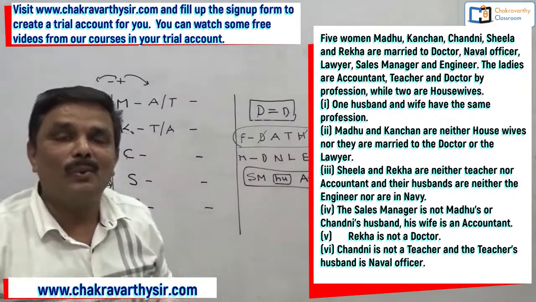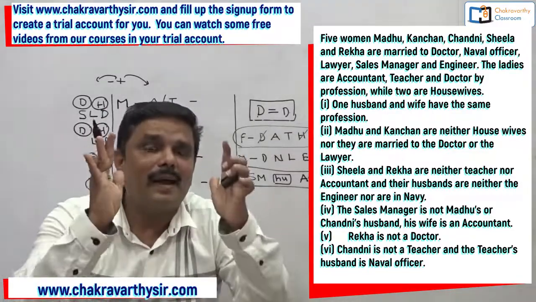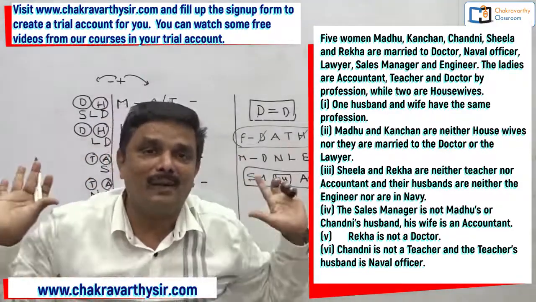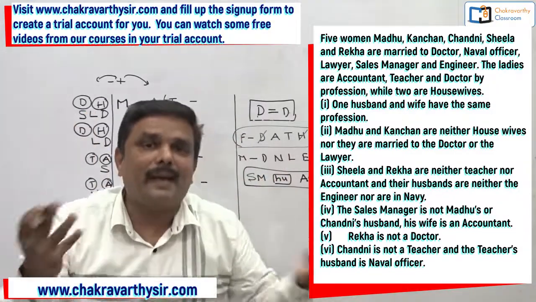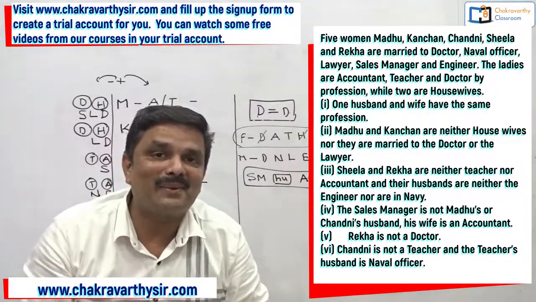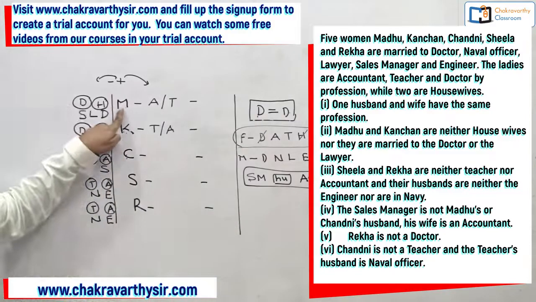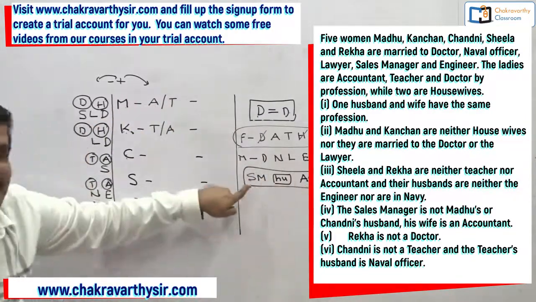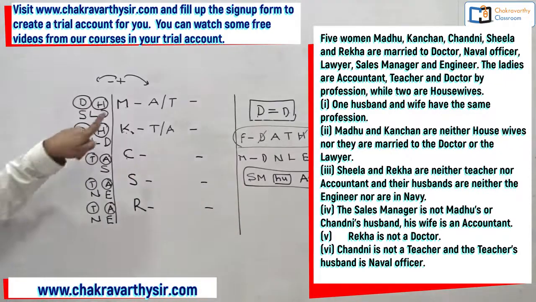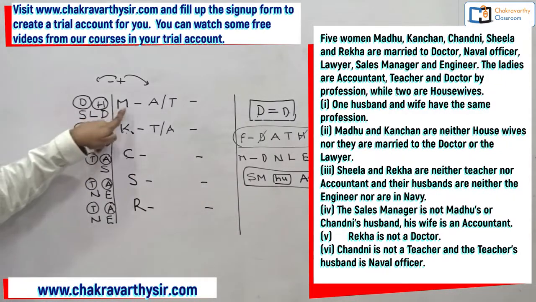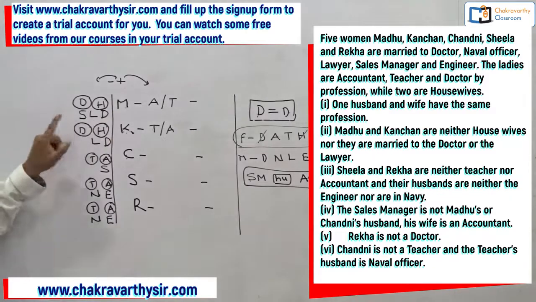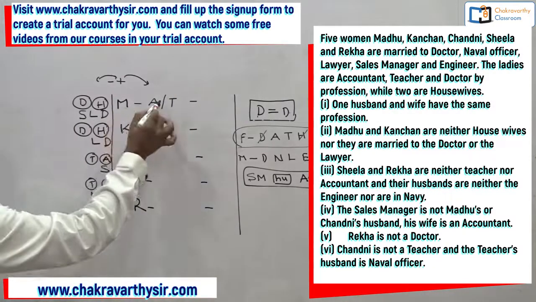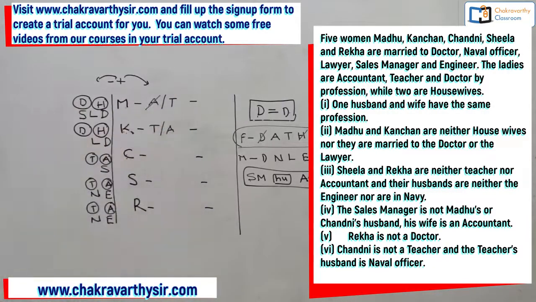Madhu cannot be the accountant. Why can Madhu not be accountant? Because if she is an accountant, her husband should be sales manager, but they have given Madhu's husband is not a sales manager. So clearly Madhu cannot be the accountant.